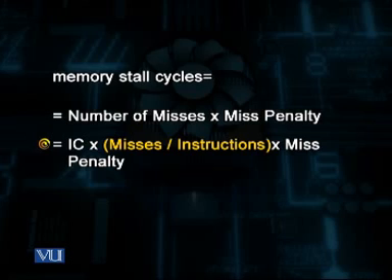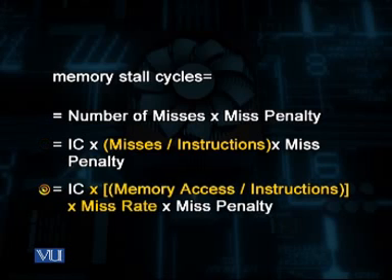So this gives us the final expression for the memory stall cycles, as it is equal to the product of instruction count, memory accesses per instruction, miss rate, and miss penalty.